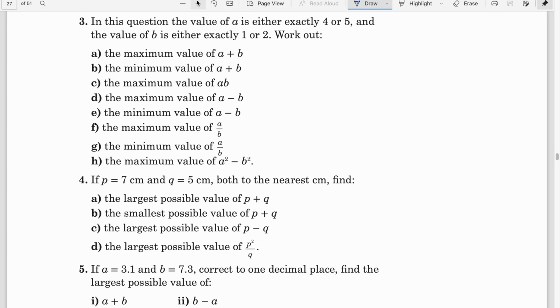This question is interesting. In this question, the value of A is either 4 or 5, and the value of B is either 1 or 2 exactly. Work out the maximum value of A plus B. Give me your final answer.